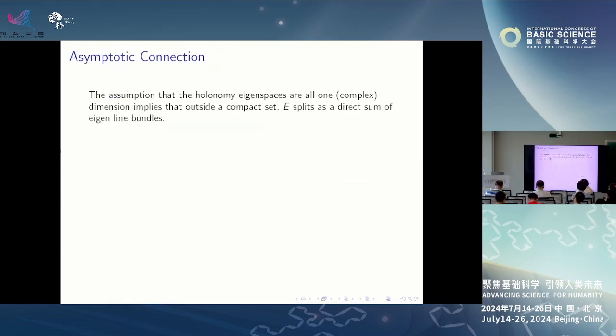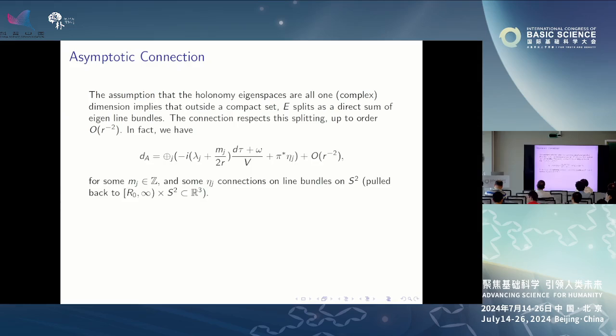So the assumption that the holonomy eigenspaces are eventually all one complex dimension implies that outside a compact set, E splits as a direct sum of eigenline bundles. And the connection respects this splitting up to order O(r^-2). In fact, we can write out explicitly the asymptotics of the connection up to order r^-2.